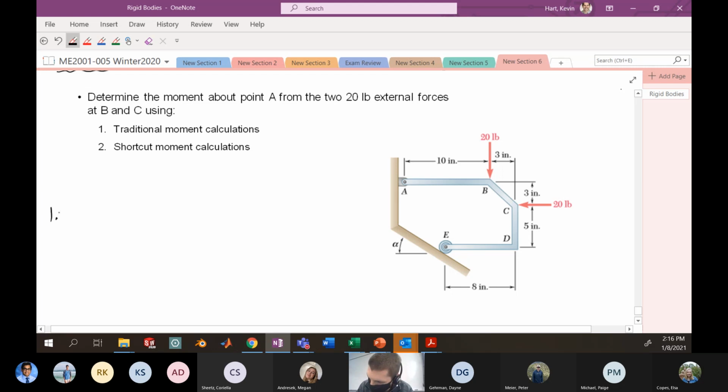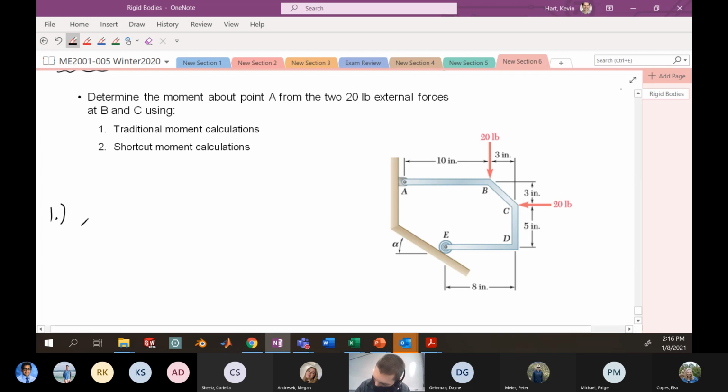First, we're going to do traditional moment calculations. If we want the moment about this point here, point A, from the 20-pound forces, then we're going to have to add the contributions from each one of those separately.